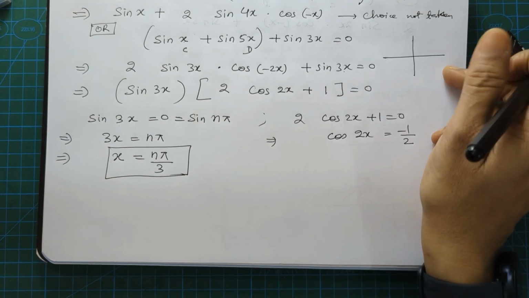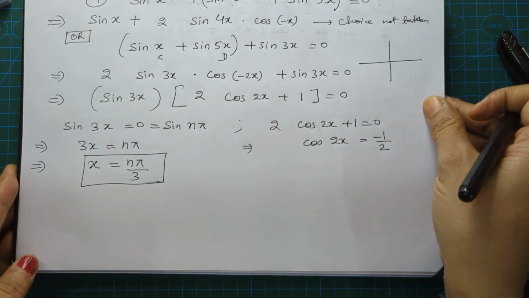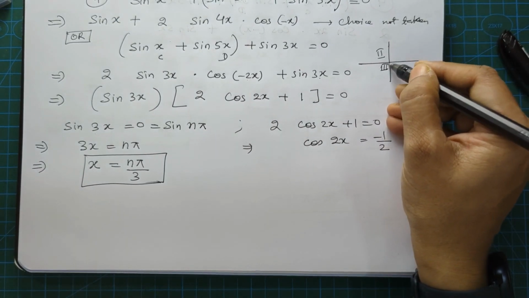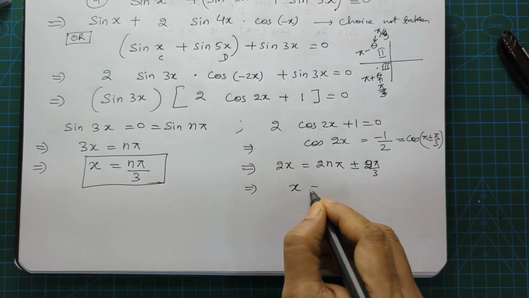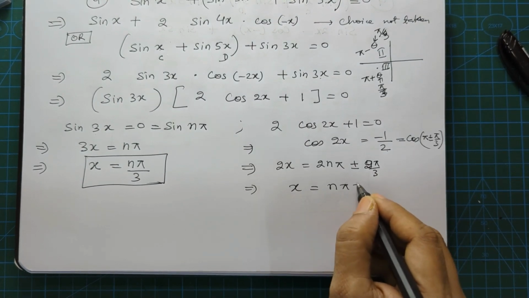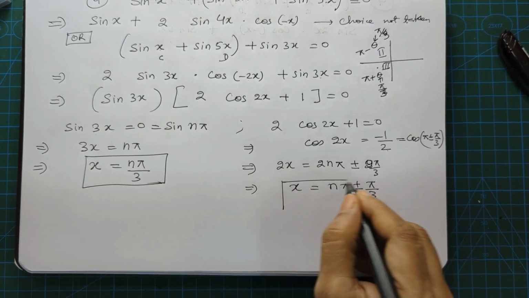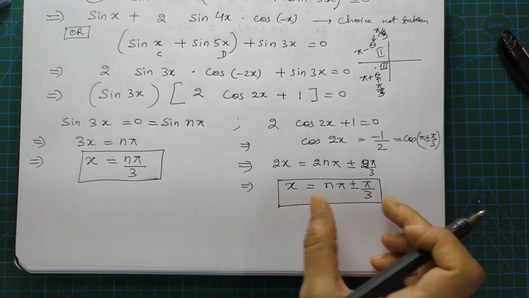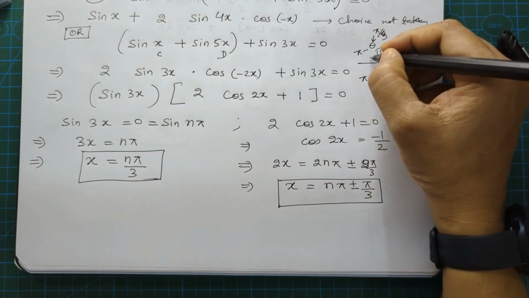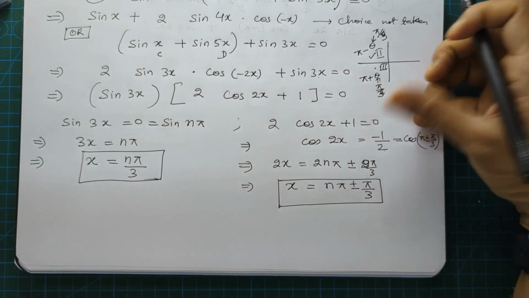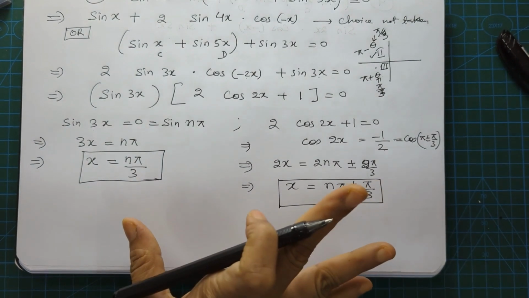Cos and sec are positive in the fourth quadrant, negative in the second quadrant and in the third quadrant. Get x, which is n pi plus or minus pi by 3. This angle belongs to the second quadrant where cos of the angle is negative. So this is the solution to question number 9.